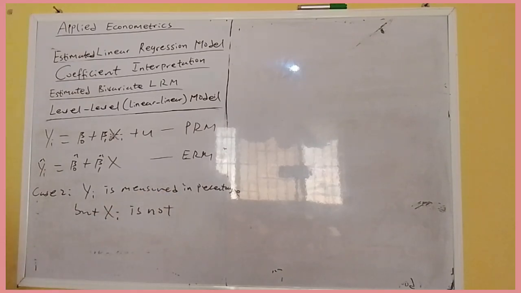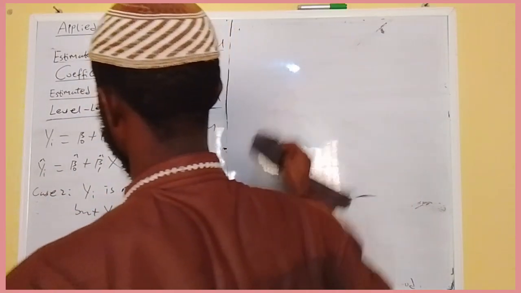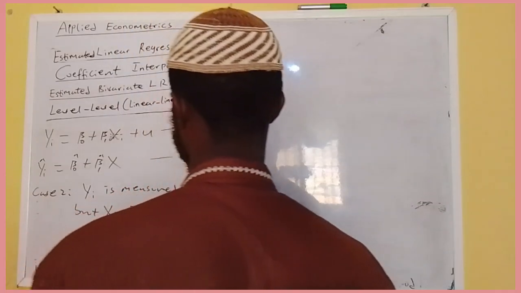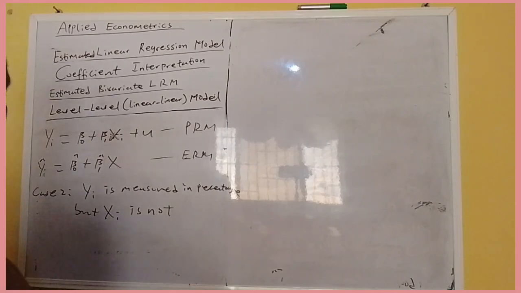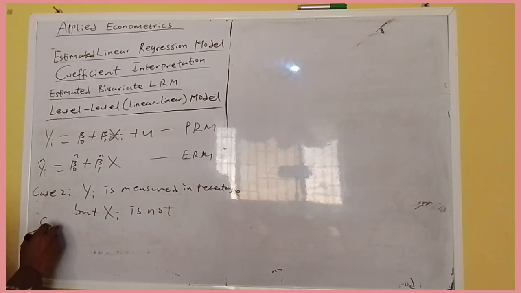It's in the original form, original unit, not measured in percentage. So how to interpret that? So we are going to consider the situation whereby our beta 1 hat is negative and also when it is positive. But before we do that, let's consider a general interpretation of this.